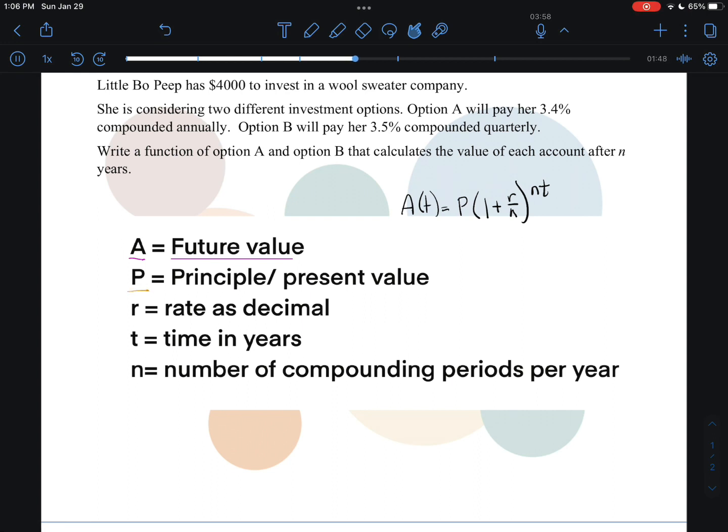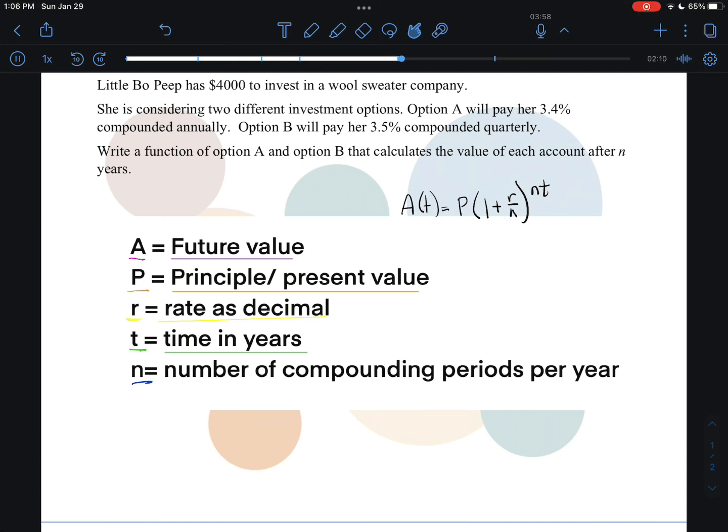P is our principal or present value. R is our rate expressed as a decimal. T is our time in years. And n is normally the number of compounding periods per year.